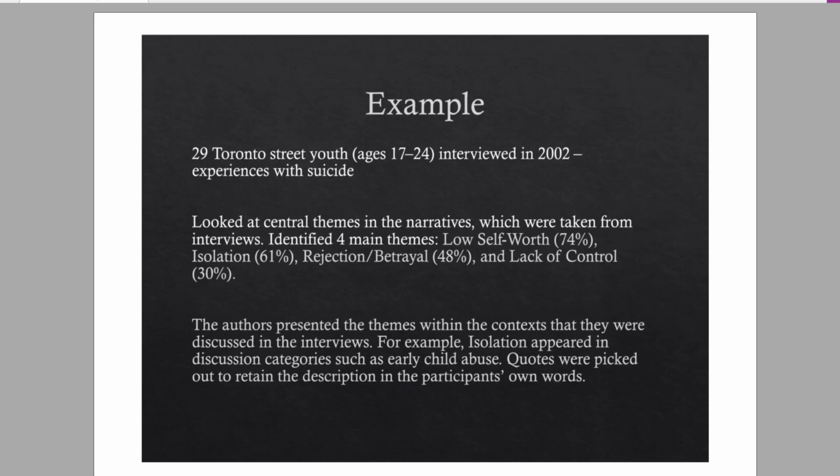And a majority, 76% of those interviewed, reported a history of attempting suicide. And the narratives that they used were very revealing of a group of people that hadn't been looked at before in terms of street youth.